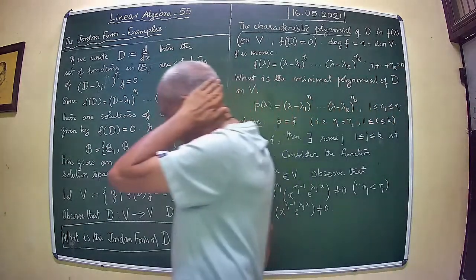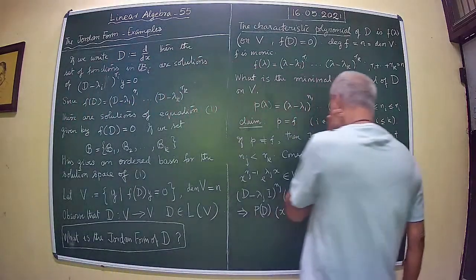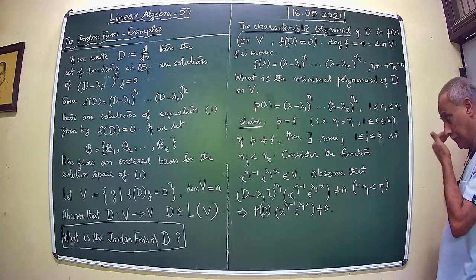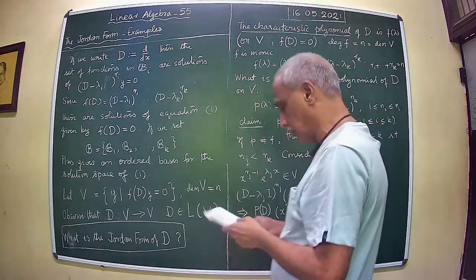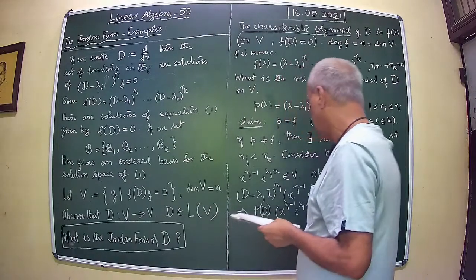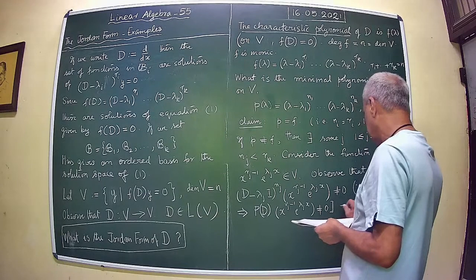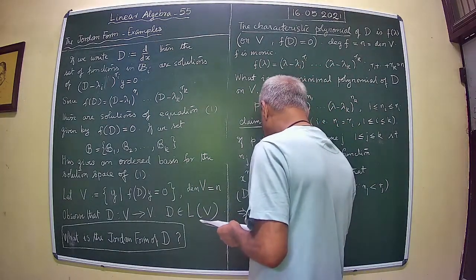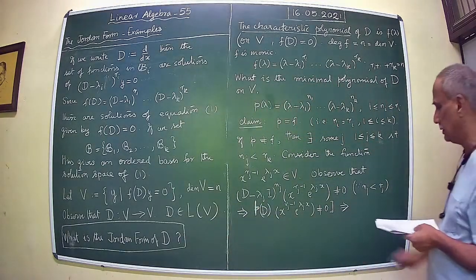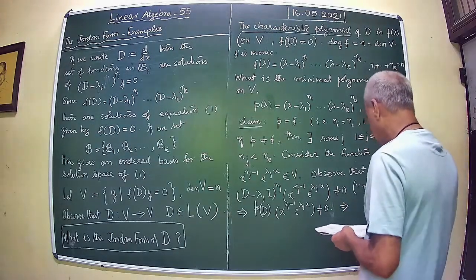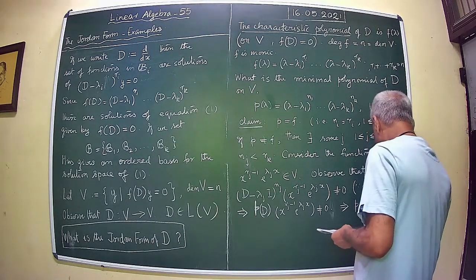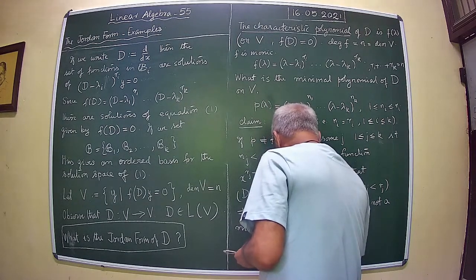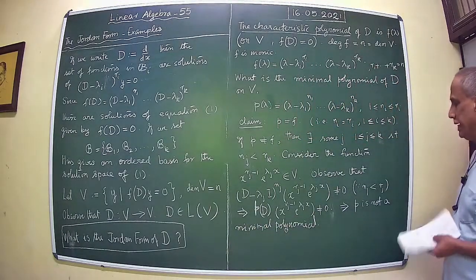What is the implication? It implies that p is not a minimal polynomial, because p(D) is not equal to 0.